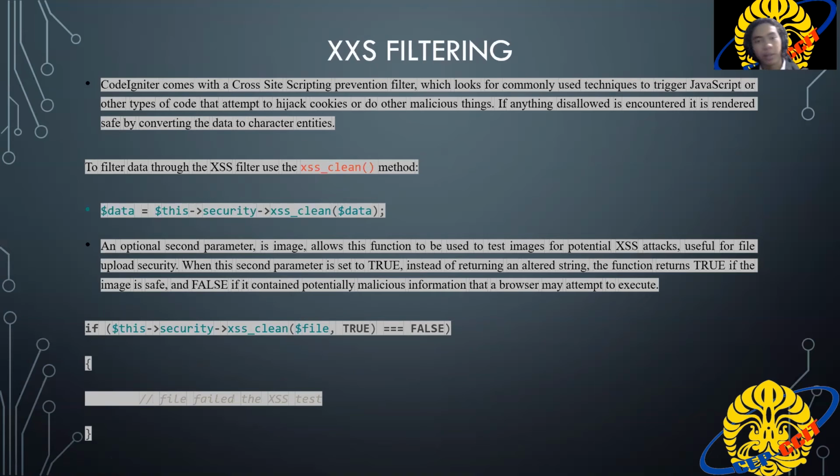When the second parameter is set to true, instead of returning an altered string, the function returns true if the image is safe, and false if it contains potential malicious information that the browser may attempt to execute. So the bottom one is the example: if ($this->security->xss_clean($file, TRUE) === FALSE).